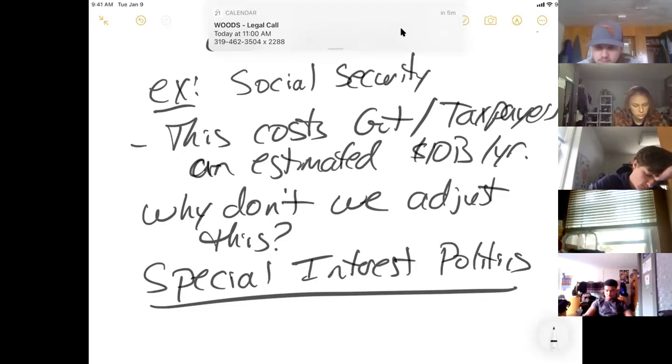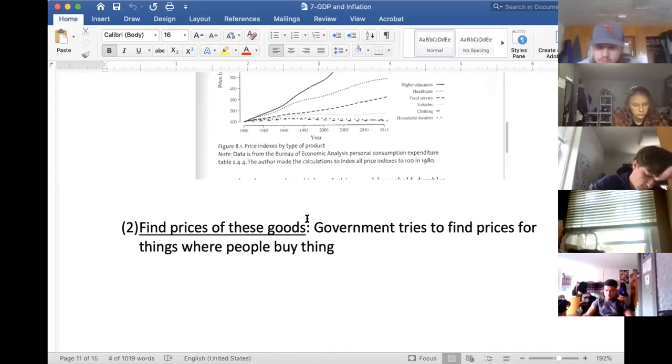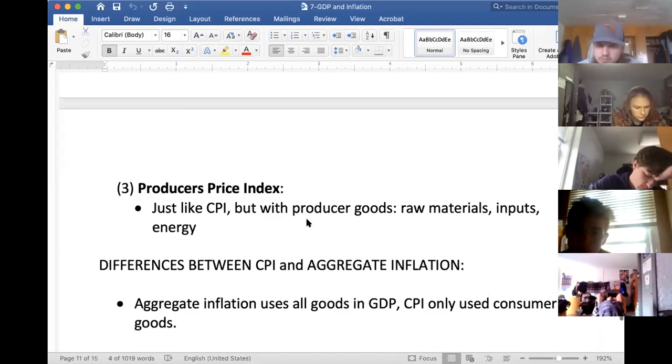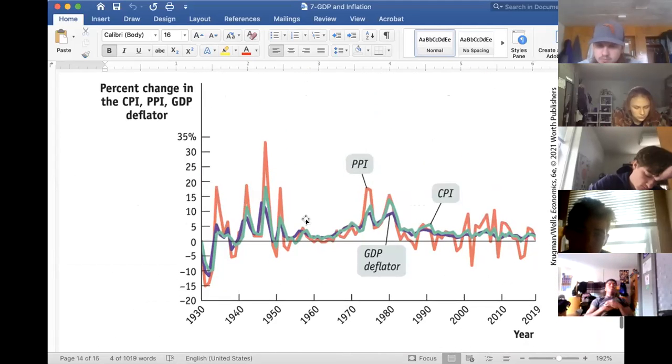Before I let you go, and I really do have to run here, I'm just going to show you really quickly in this graph how the consumer price index and the other price indexes behave over time. Actually, I didn't describe this other measure of inflation here, which is the PPI, or the producer price index.